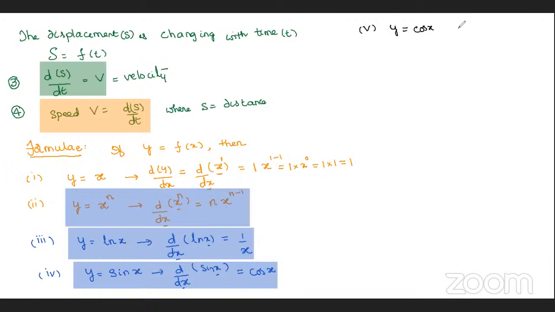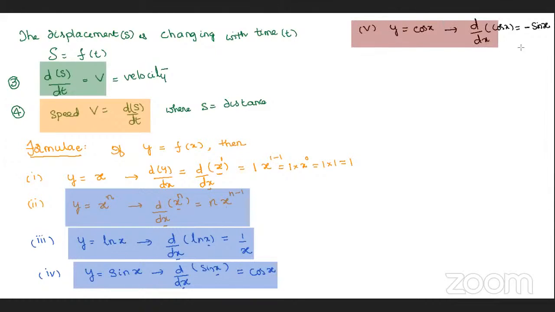So here the rate I am taking with respect to x, d by dx of cos x, again the same function x. This is minus sine x. Don't ask why you got a negative sign. You can understand that in mathematics. So this is one more formula you have to remember.